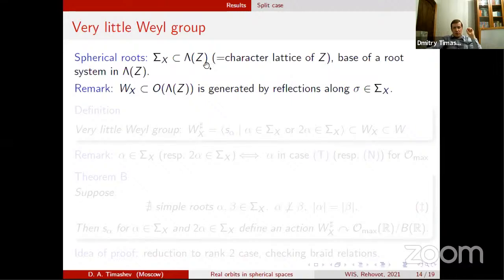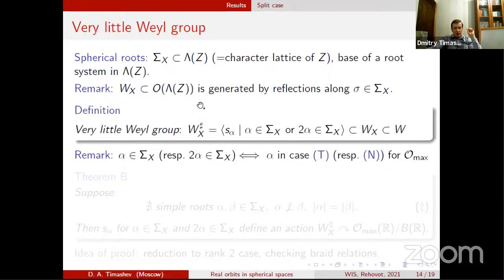Spherical roots are one of the data which are ubiquitous in the theory of spherical varieties, in the geometry and classification. And the little Weyl group is nothing but the Weyl group of the root system whose base is the set of spherical roots. As a subgroup of orthogonal transformations of the character lattice of Z, it is just generated by reflections along spherical roots.